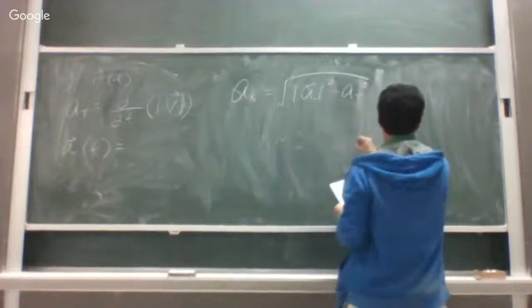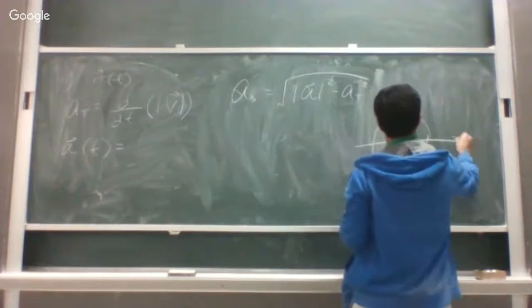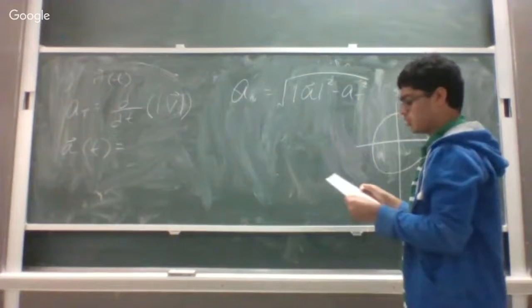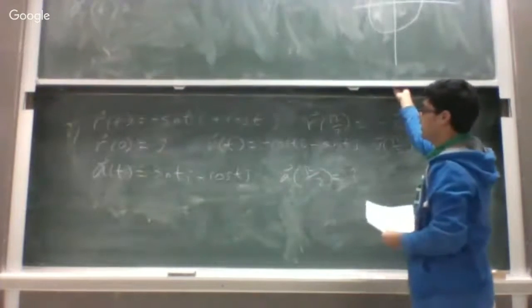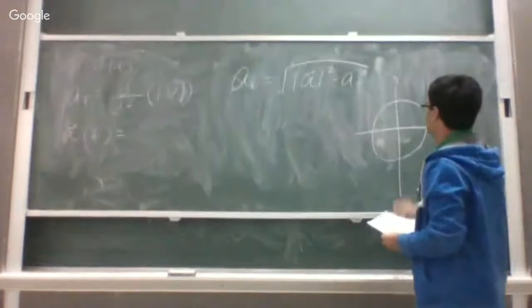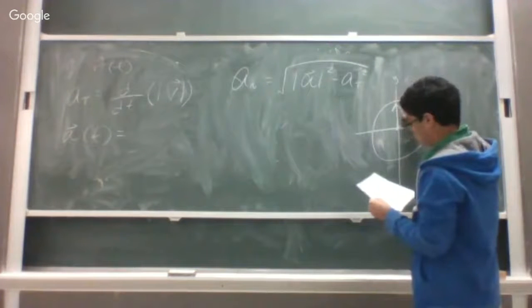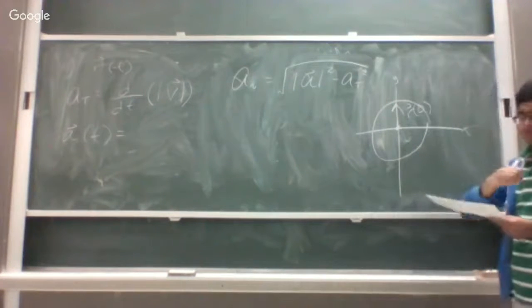So for the graph of that one, though, they draw the circle. Sketch and label r of 0. For that, we got just j. We start at the origin, and we just draw a vector going up. And we label it. Okay?